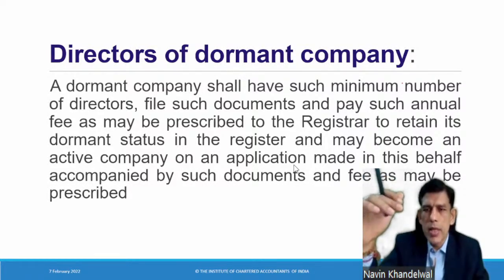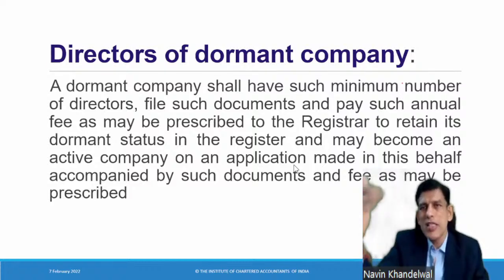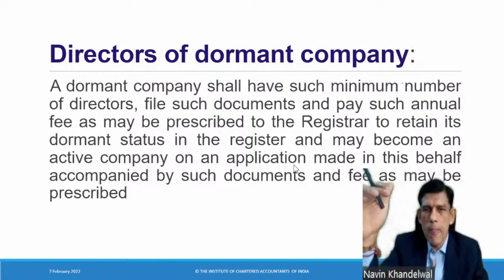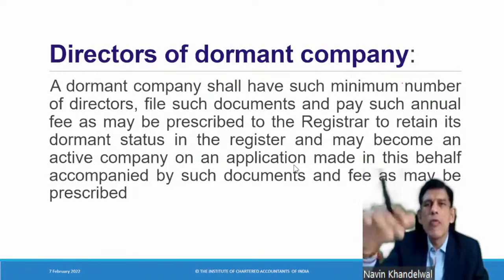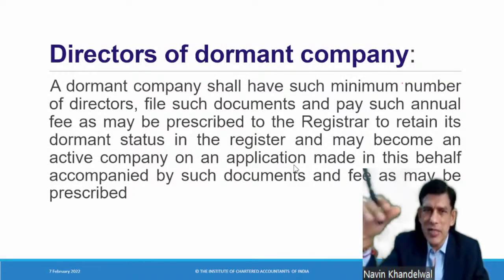Now, if you are classified as a dormant company, then what is the requirement to have a minimum number of directors? Be it private or public limited company, we know that there is a minimum criteria for having a minimum number of directors.